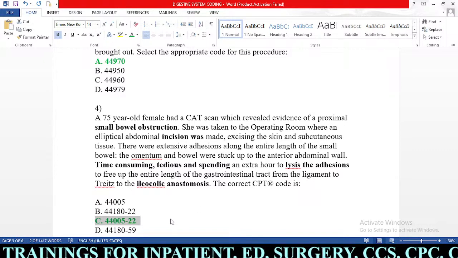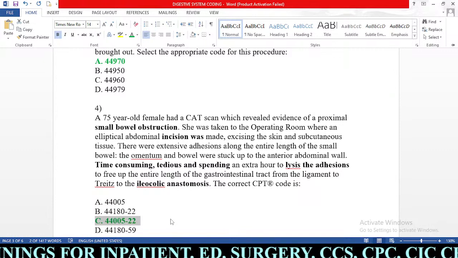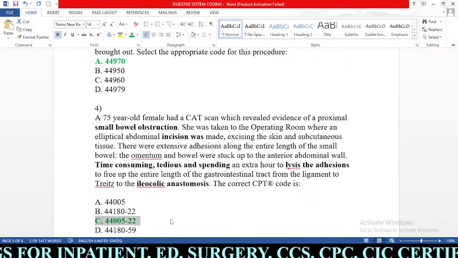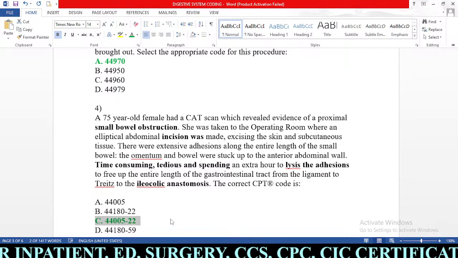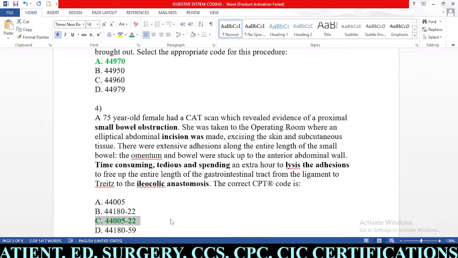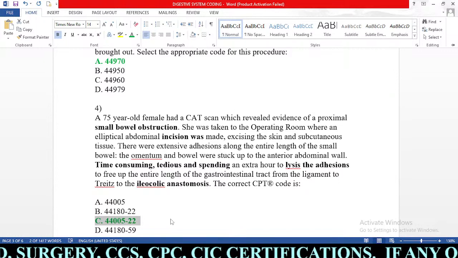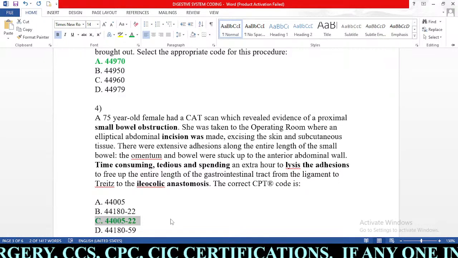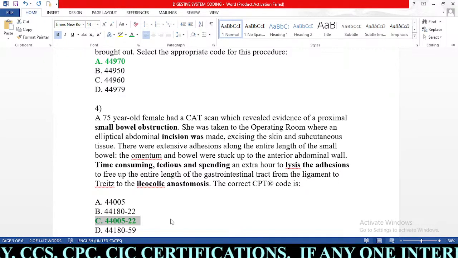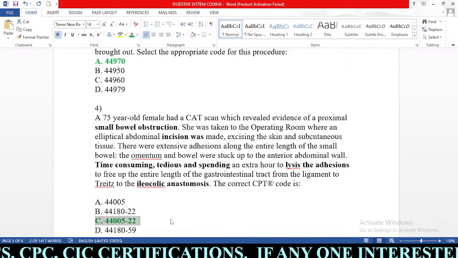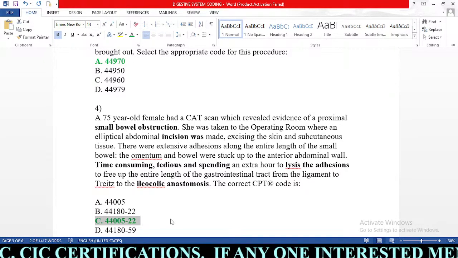If it is the only procedure, you can code 44005. If lysis of adhesions is performed with any other major procedure, you can't code 44005 as it is a separate procedure. You can't code 44005 with major procedures. Got it, guys?